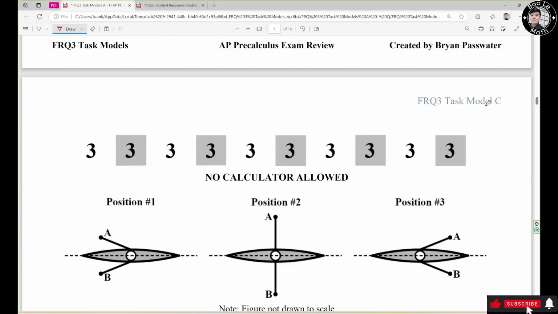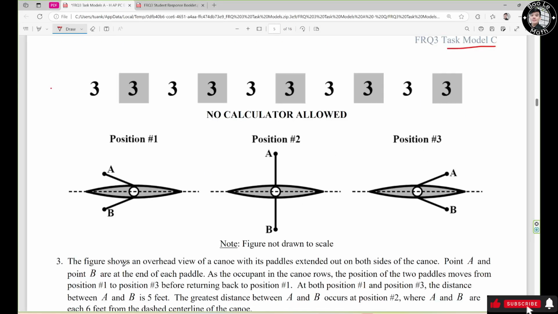The task model C. The figure shows an overhead view of a canoe, with its paddles extended out on both sides of the canoe. Points A and B are at the end of each paddle.